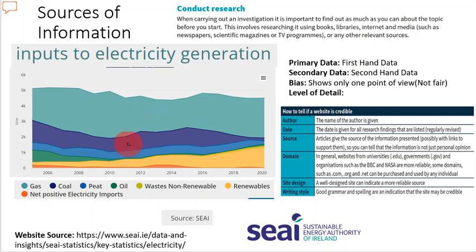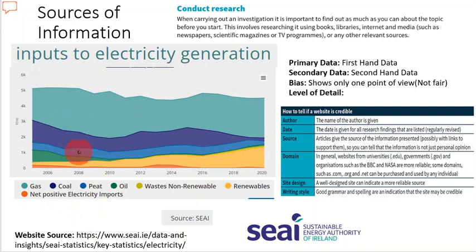This shows the sources of input to electricity generation, basically what the ESB are using to generate electricity in Ireland from 2006 up to 2020.